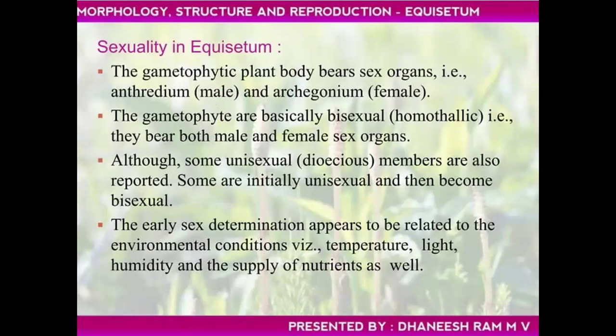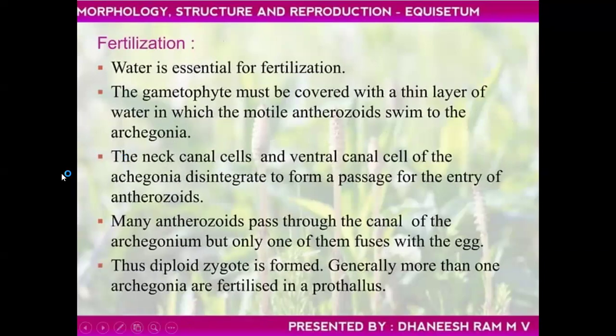Now, the antherozoids, with the help of water, reach the female sexual organ, the archegonia. So for fertilization, water is essential. The gametophyte is covered with a thin layer of water, in which the motile antherozoids swim and reach the archegonia.